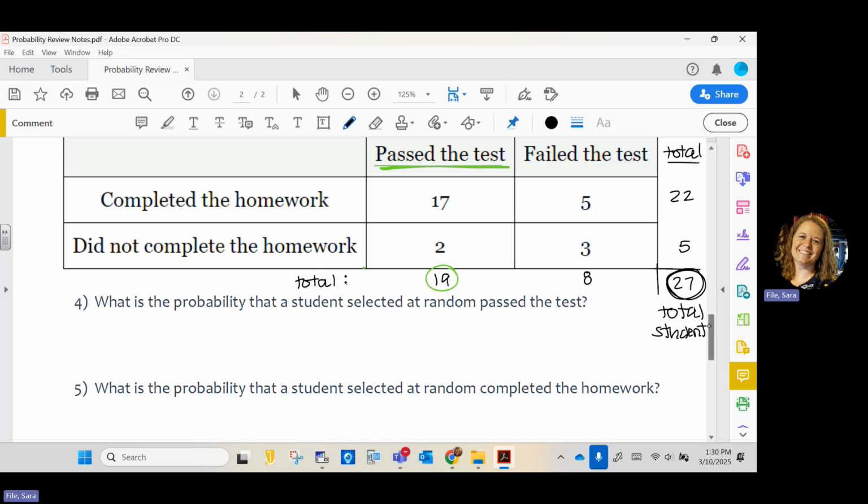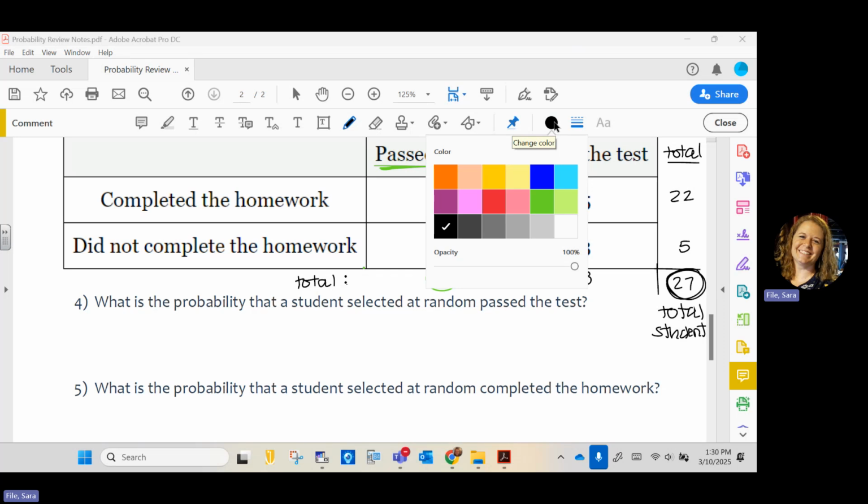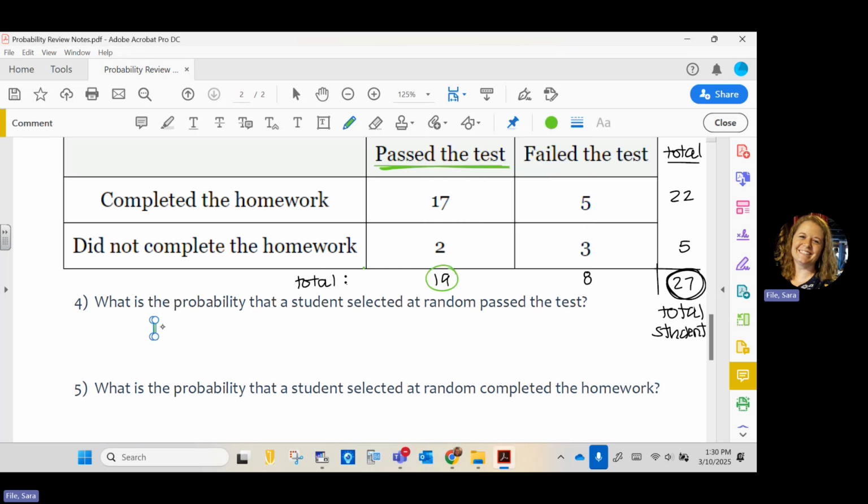Okay, so remember, probability is the favorable outcome over the total possible. So 19 out of 27. That's the probability that if you picked a student at random out of the 27, they passed the test. Now that is approximately, remember your little squiggle equal sign means approximately.